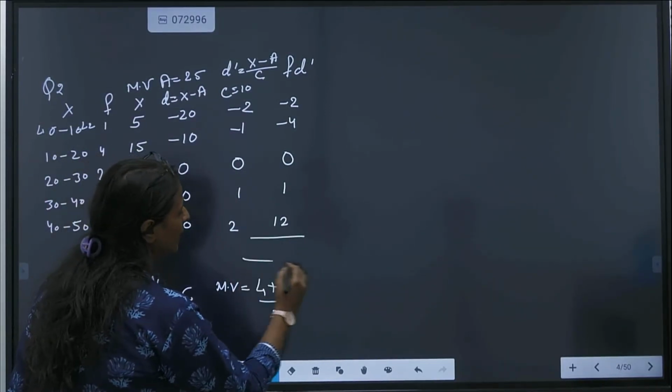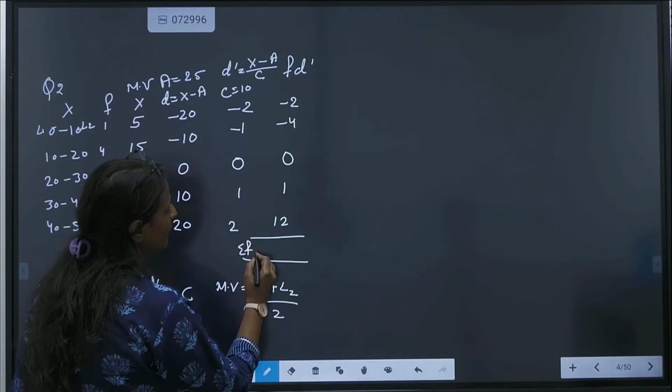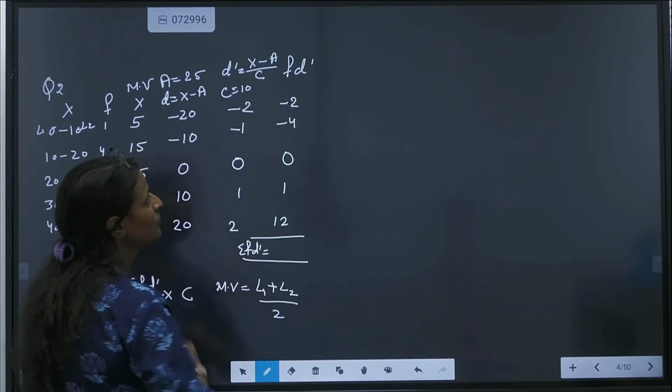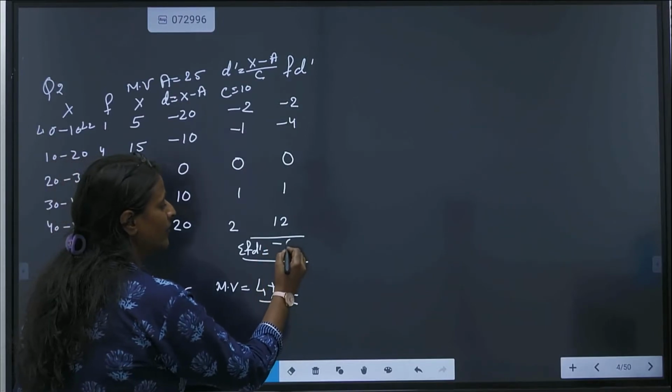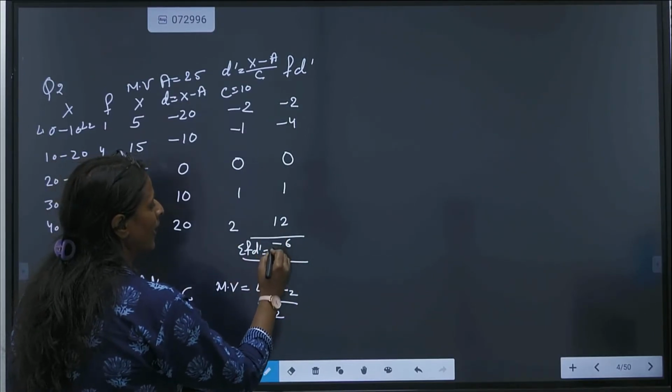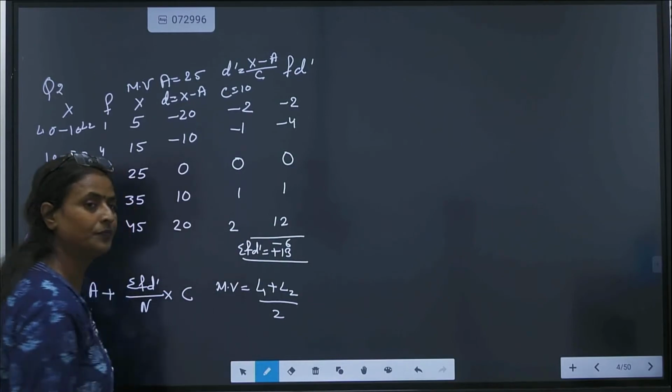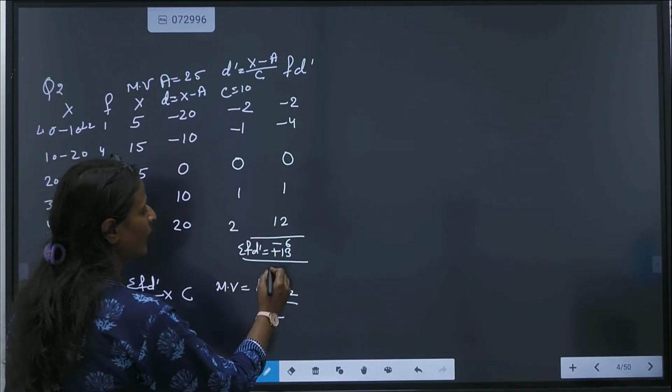Now we have to add this, sigma fd dash. So we receive minus 6 and plus 13. So it's plus 7.